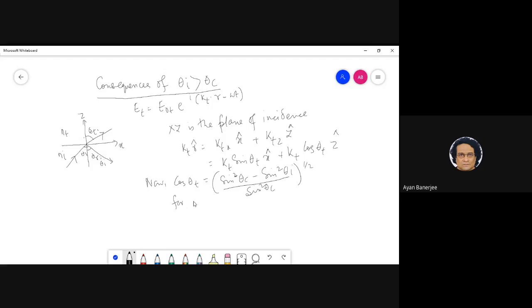And for theta I greater than theta c, you have cos theta t equals plus minus I, sine square theta I minus sine square theta c, half, by sine theta c.